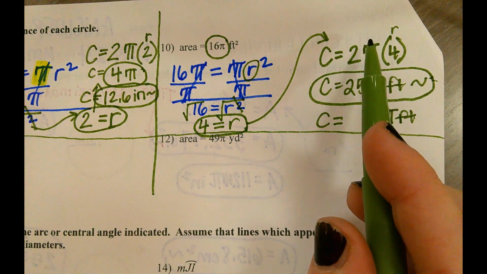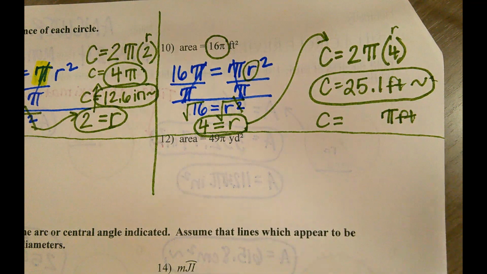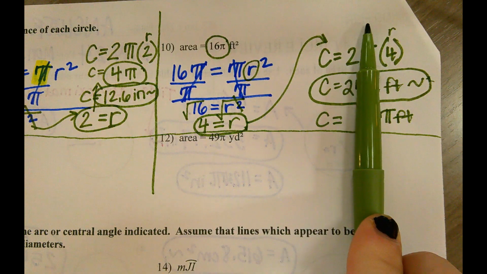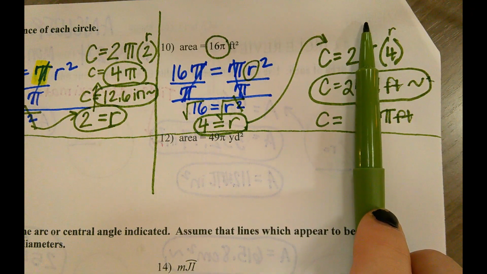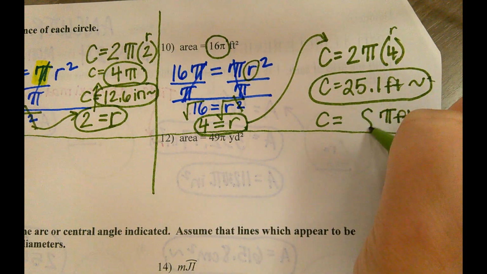Take away pi, what's left in my circumference equation? 2 times 4, which is 8.